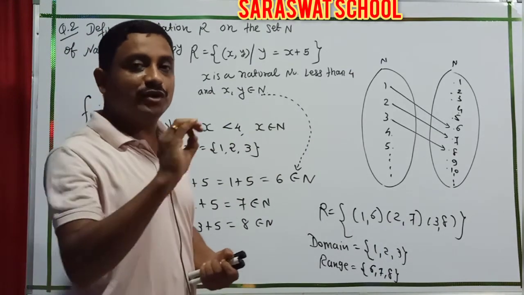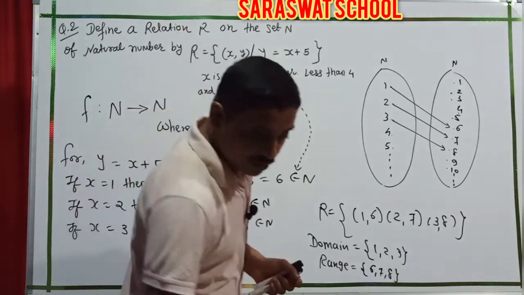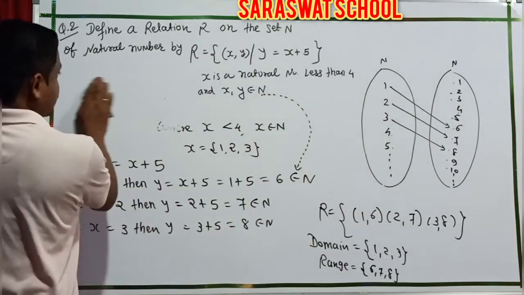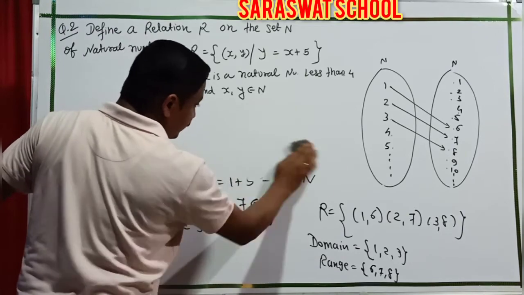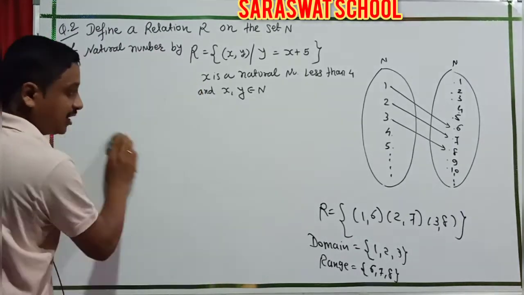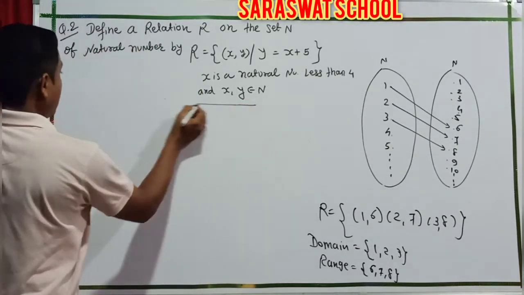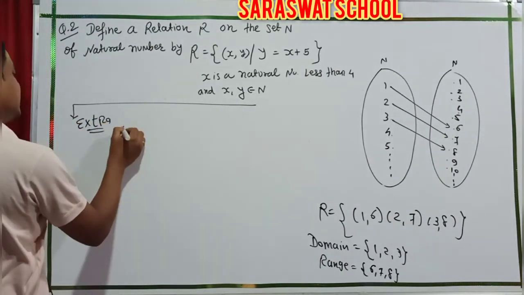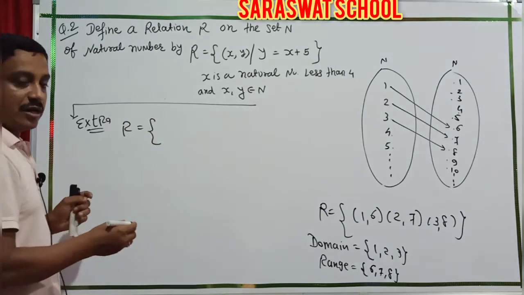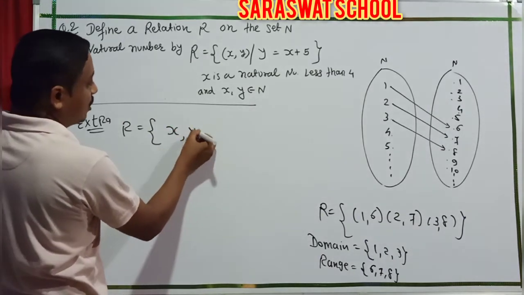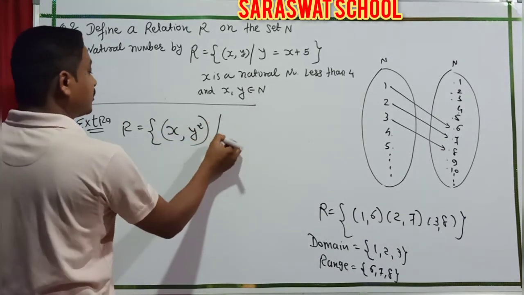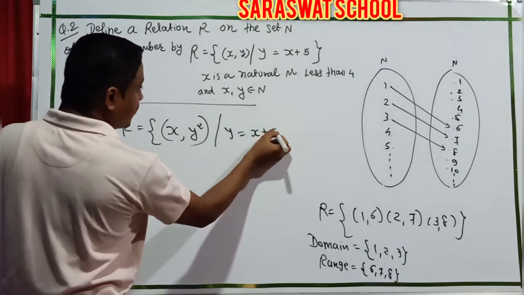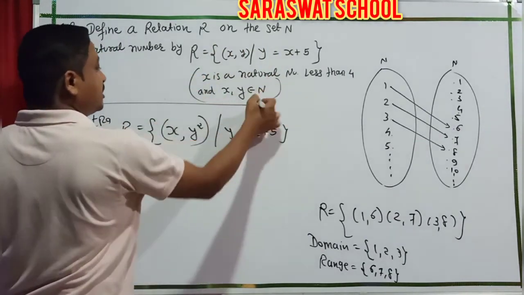But students, I will explain this question with an extra, just changing the question. This numerical is done, but I am showing one extra now. If the question asks R as (x, y square), with y equal to x plus 5, the condition is the same, all conditions are the same.